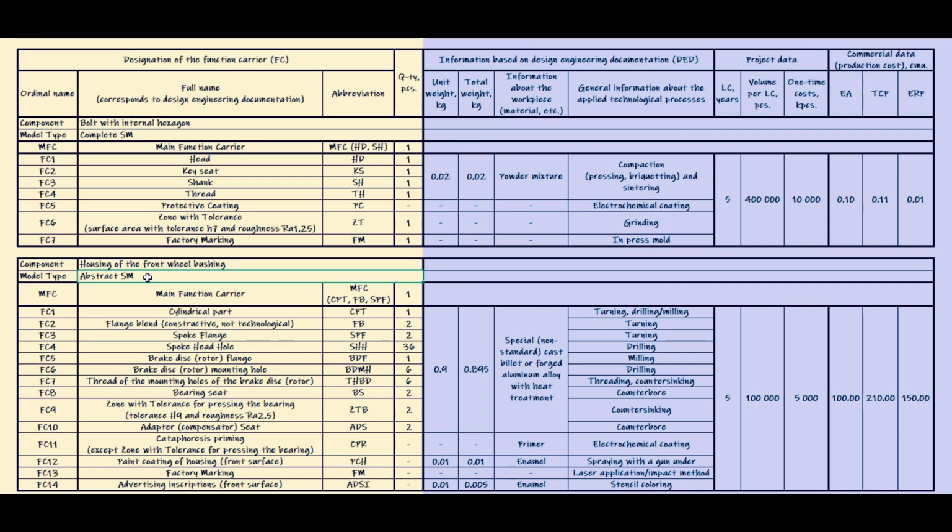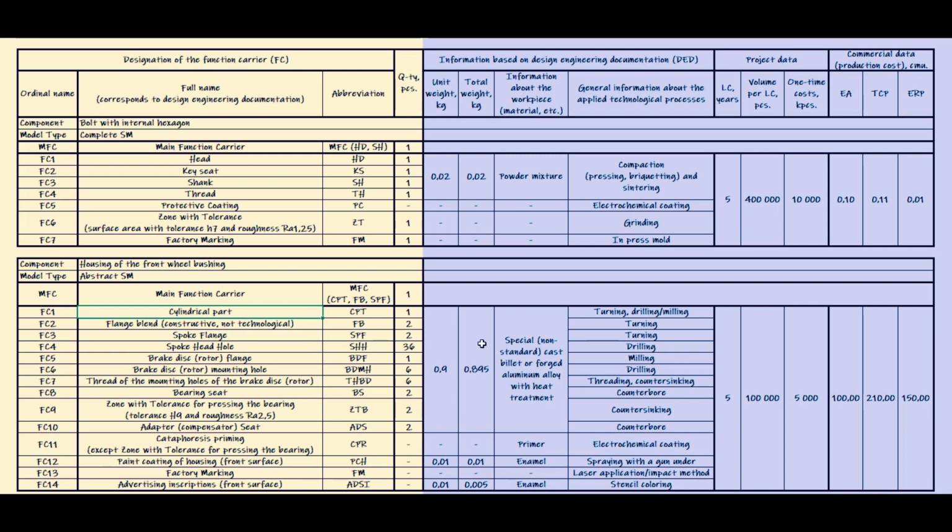We will call a complete model a model of which all constructive carriers of functions, i.e., corresponding at least to the design engineering documentation and, if necessary, subjected to additional decomposition, are included, for which their functional significance can later be determined, the cost of their implementation in the design of the component, and other characteristics.